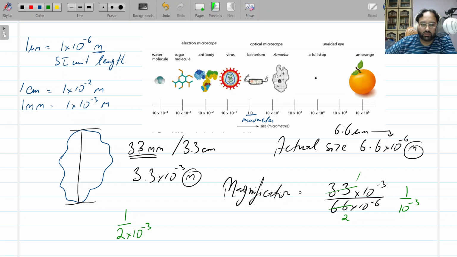If I'm not mistaken, this converts to 2 into 10 to the power 3, which comes up to 2000. So your magnification is times 2000.